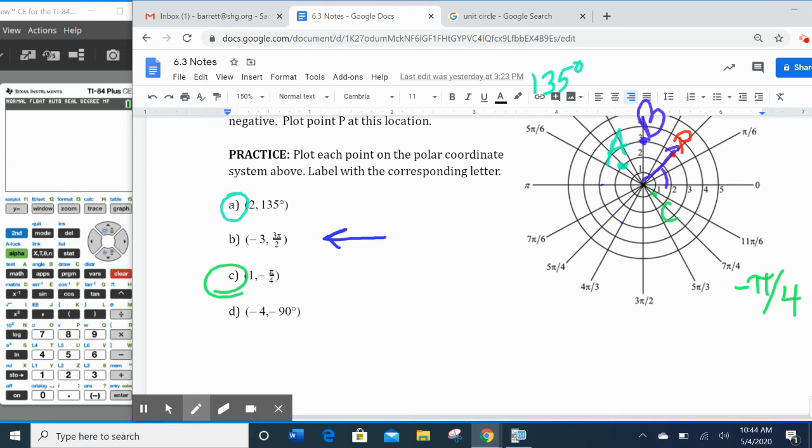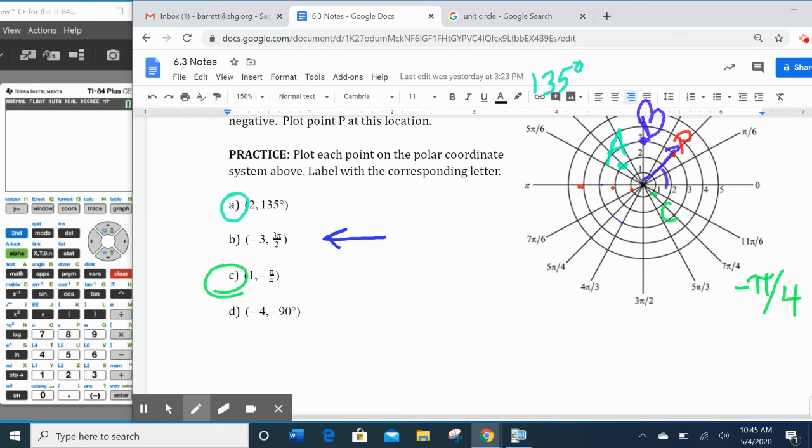Letter D is -4 and -90 degrees. The first thing I'm going to do is go out to the left 4 units: 1, 2, 3, 4. So I know I'm on the 4th ring. Then they want me to rotate -90 degrees, which means clockwise.